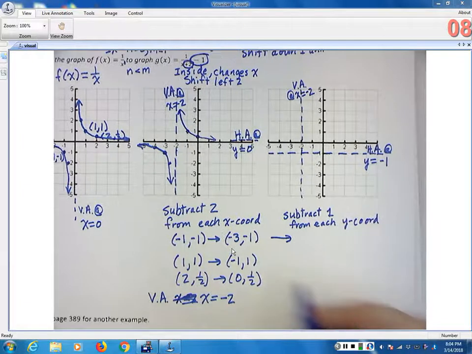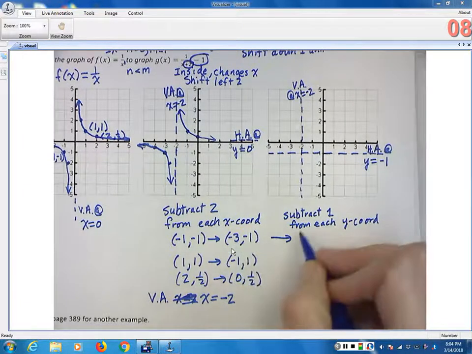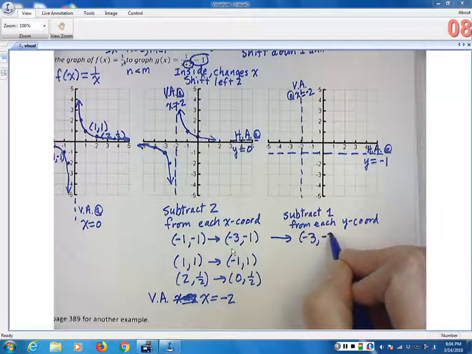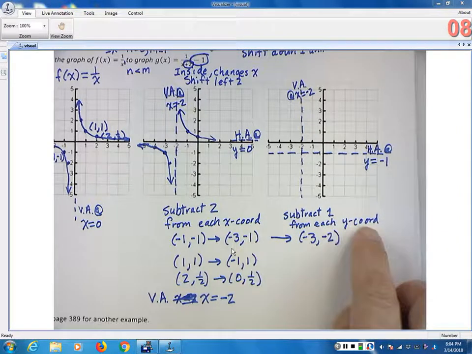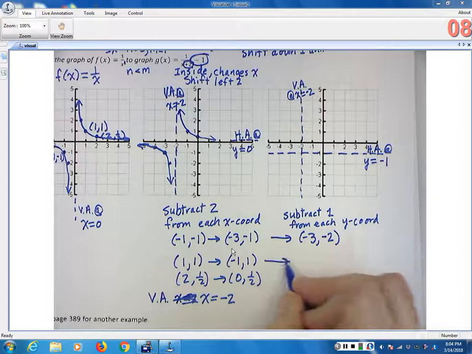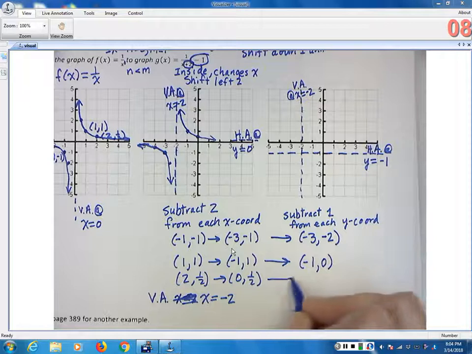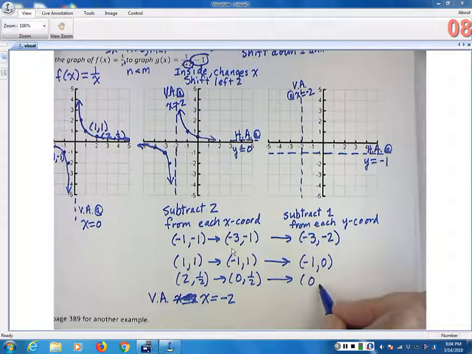So for this point, it's now going to be -3, x stays the same, -2, -1 is -2. x stays the same, 1 minus 1 is 0. x stays the same, 1/2 minus 1 is negative 1/2.